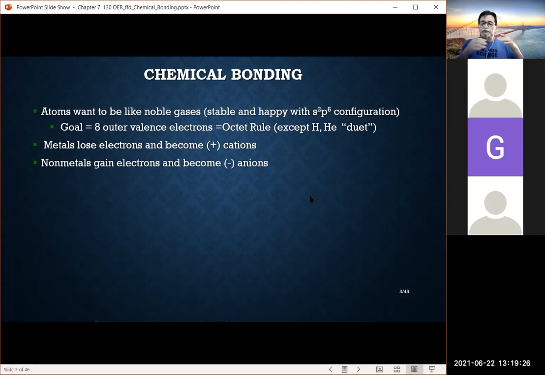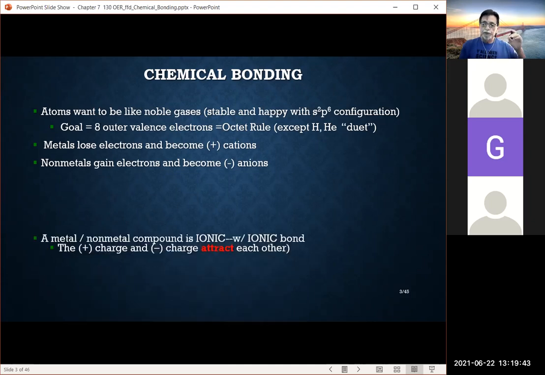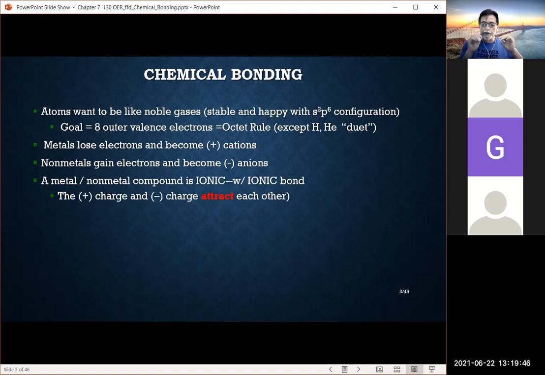When metals lose electrons, they become what are called an ion, but more specifically, a cation, C-A-T-I-O-N-S. Non-metals gain electrons, and they have their own name. All the negative ions are called anions. Now, here's your first type of chemical bond, which is an ionic bond producing an ionic compound.